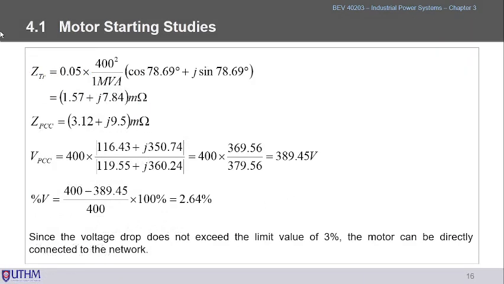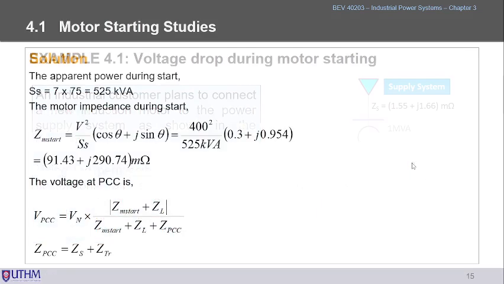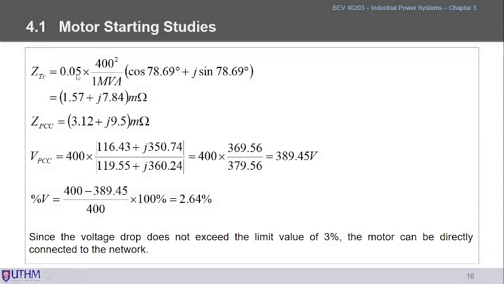Okay, now we look at the Z transformer. How do we find the Z transformer? The Z percentage has been given here as 5%, so that's why we use 5%. We write the 5% in per unit, and then it's V squared over S. V is the voltage of the transformer, the secondary, and of course we are interested in the secondary voltage.